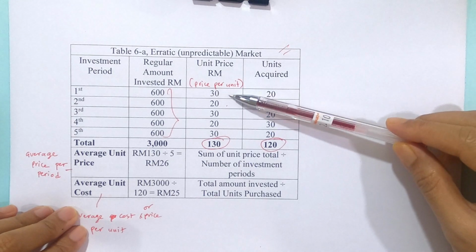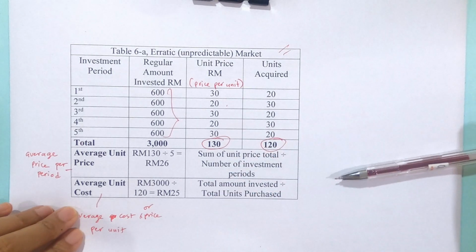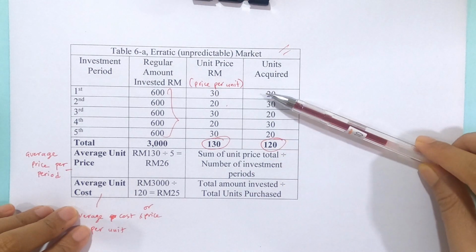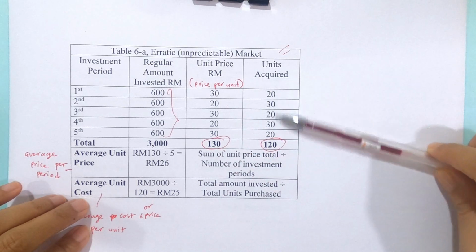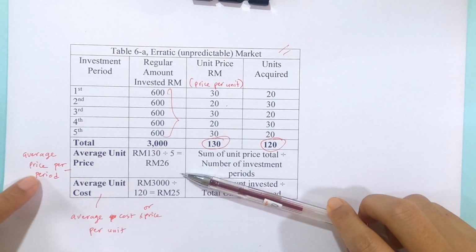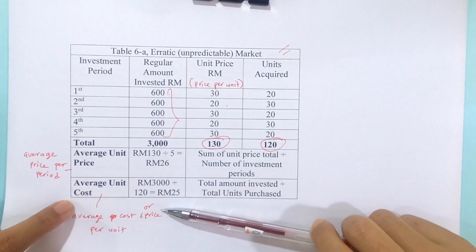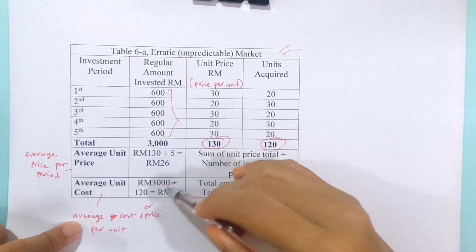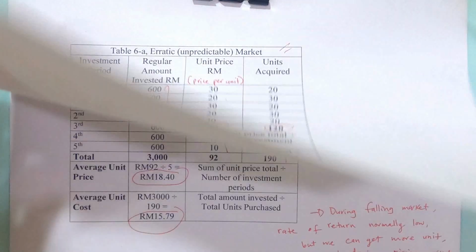So this is an unpredictable market where the price is fluctuating. In this market, the total of the unit price is 130 and the units acquired is 120. The average price per period is about 26, while the average price per unit is 25. This is what happens during an unpredictable market.